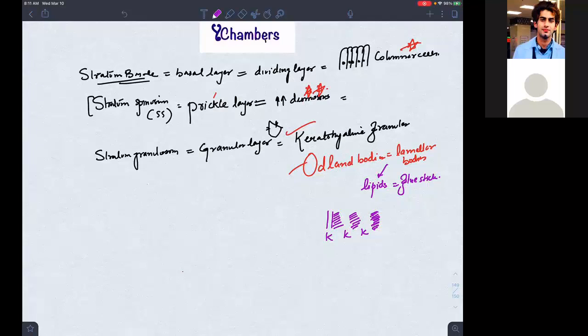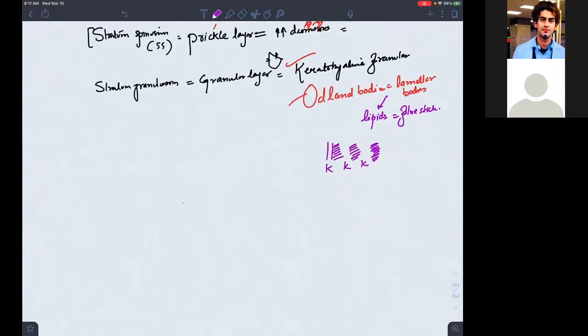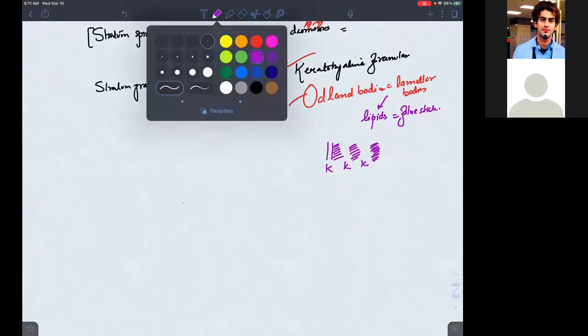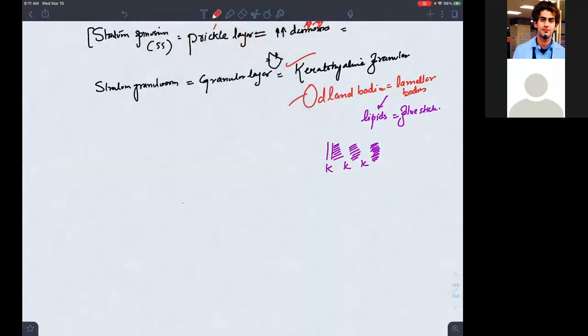Should I tell you a disease in which this glue is absent, or in which this granular layer is absent? Let us look at it from a dermatology point of view. What is the clinical correlation? Please listen to my words. This layer is absent in two diseases.